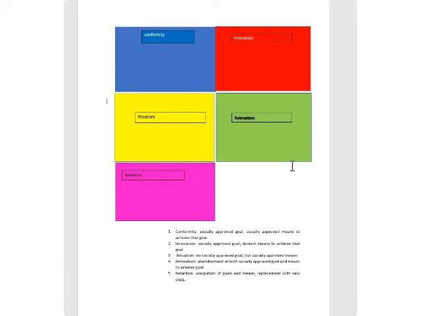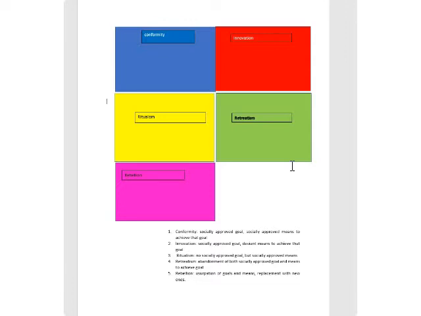The key explanation for a lot of criminology and why people commit crimes, or at least people who don't have the means at their disposal to achieve a culturally approved goal of getting $100,000, is what Merton termed innovation. Okay?